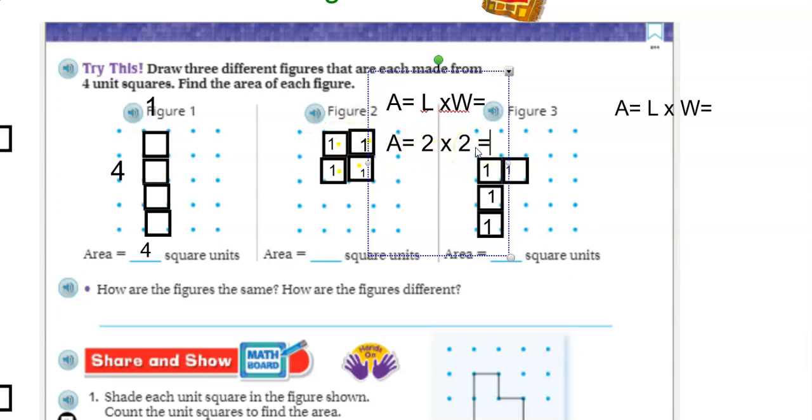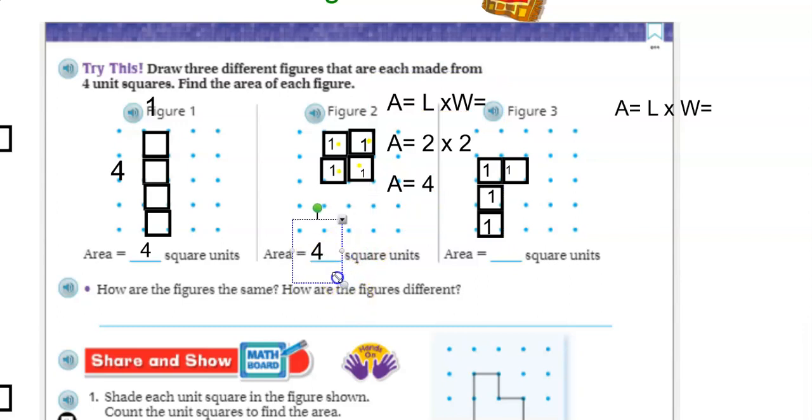So the math problem looks a little different. Area equals 2 groups of 2. And what is 2 groups of 2? It is 4 square units. So our answer down here is still 4.